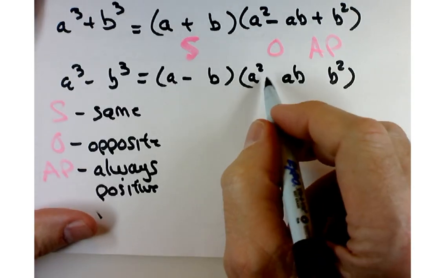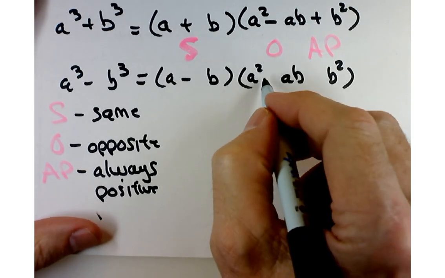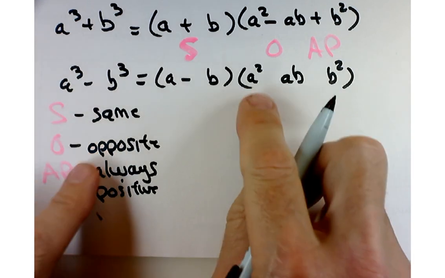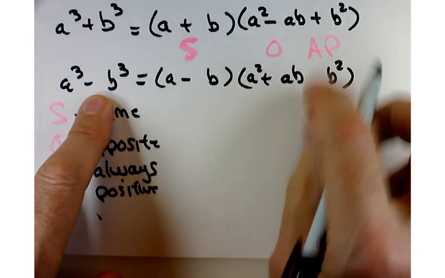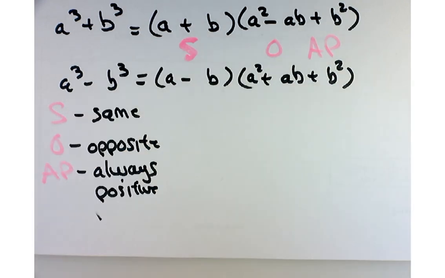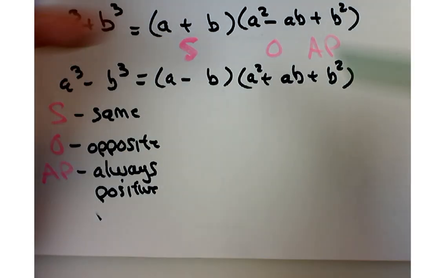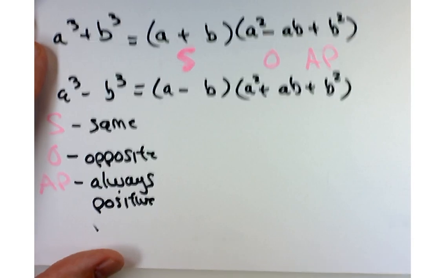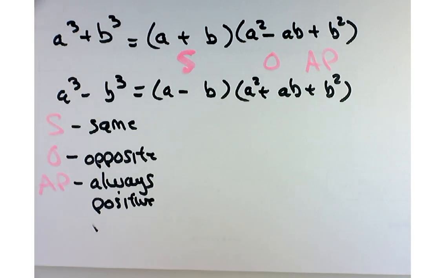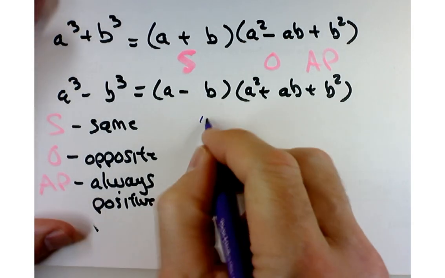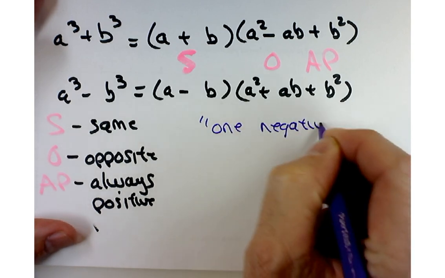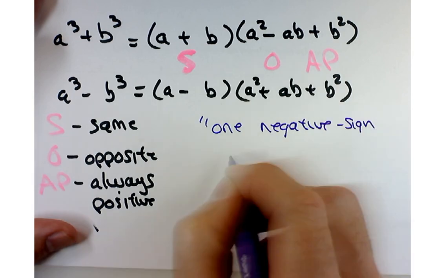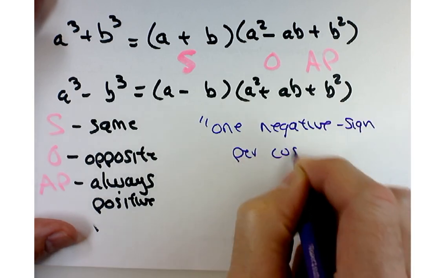What sign should I put in here? Plus. That's the middle plus. Plus and plus. Now, the SOAP part, that's really helpful. There's actually a little part that helps me more than this, and that is 1 negative sign per customer.